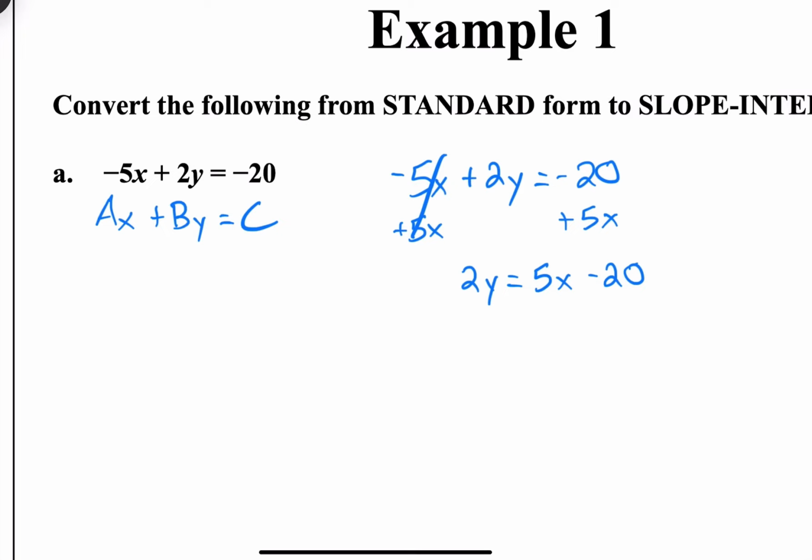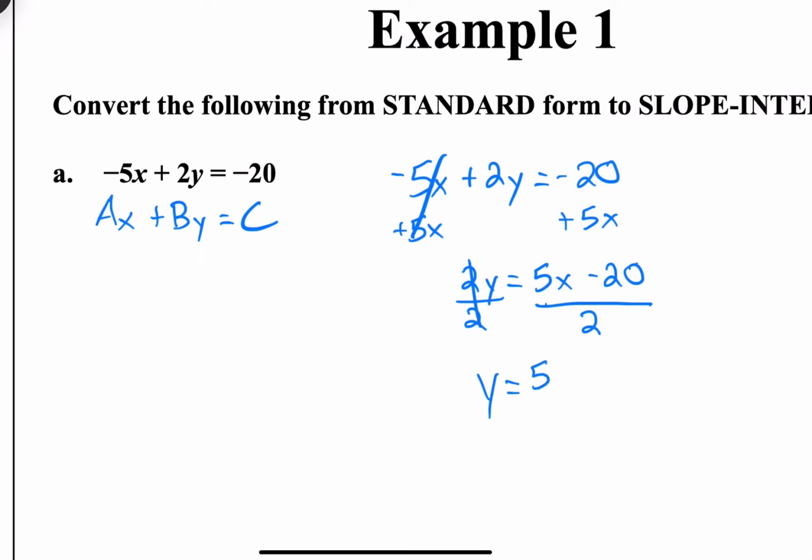And the last step here, I want to get y by itself, so I need to divide by 2 to get rid of that coefficient of 2. And I have to divide the other side of the equation by 2 as well. Now I'm dividing the entire other side, so the 5x and the minus 20 are both getting divided by 2. That will cancel out the 2's over there, and I'm left with y equals 5 divided by 2.